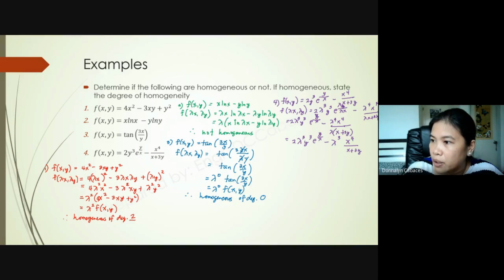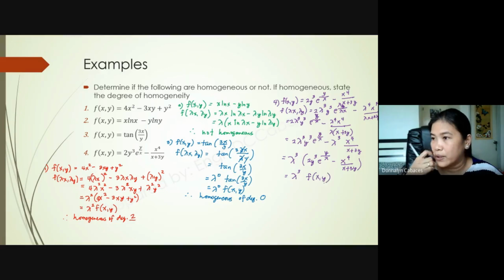So you have here λ³ and λ³, so we can factor out λ³ times 2y³ e to the y over x minus x to the 4th over x plus 3y. And this is simply λ³ times our given function of x and y. So you have 2y³ e to the y over x minus x to the 4th over x plus 3y.